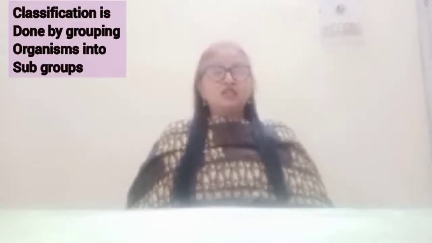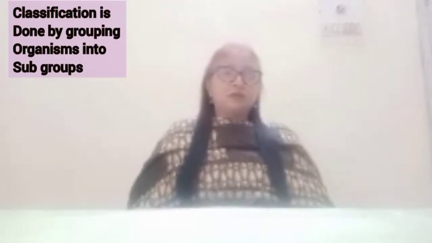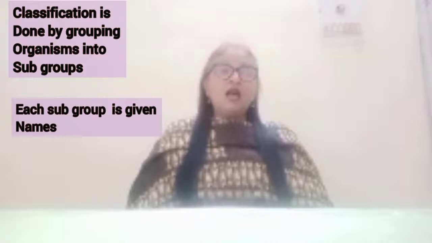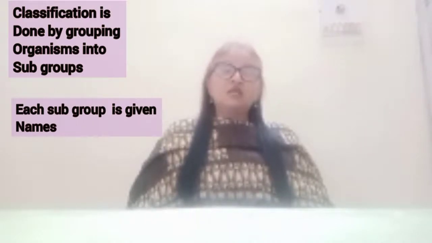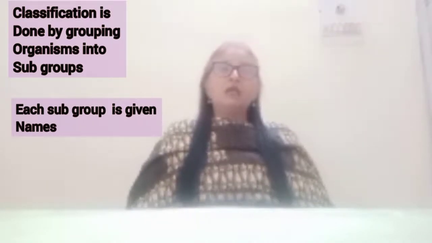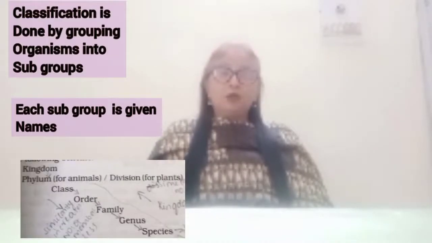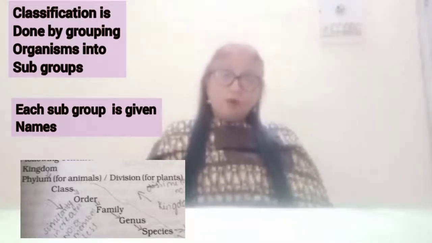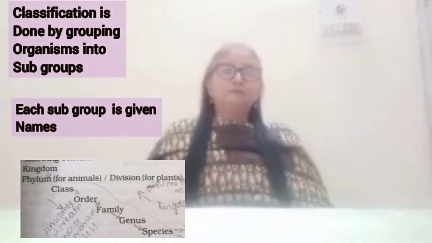Now, this classification is done by grouping organisms into various subgroups, and these subgroups are given names so that we can identify each subgroup by that particular name. Let us see how these subgroups are divided. Starting from kingdom, followed by phylum or division.